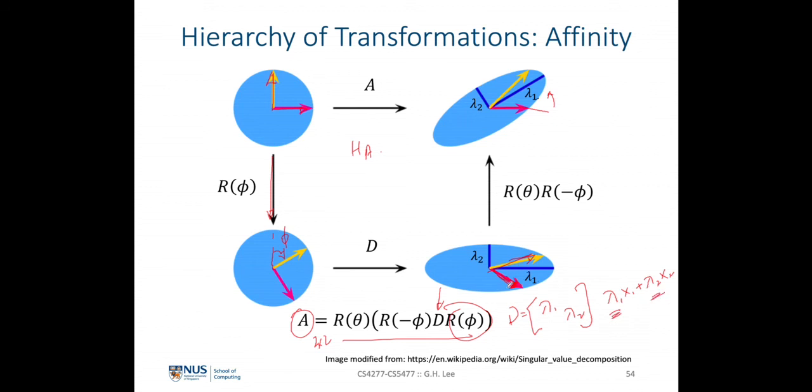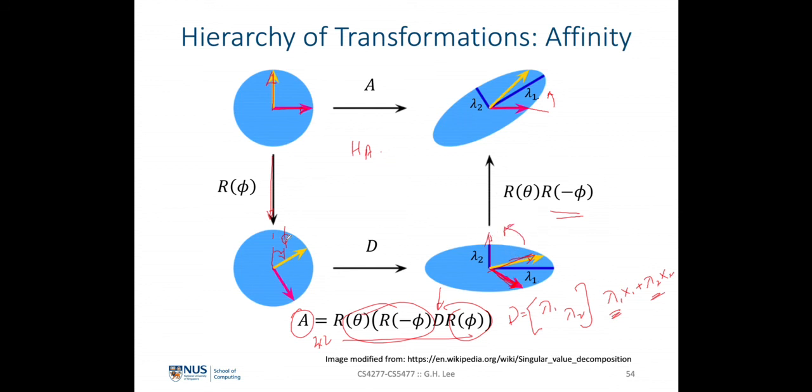Then finally, after the scaling with lambda 1 and lambda 2, we will be multiplying this with a rotation matrix of minus 5. What this means is that I'm going to actually rotate this back into the upright axis.